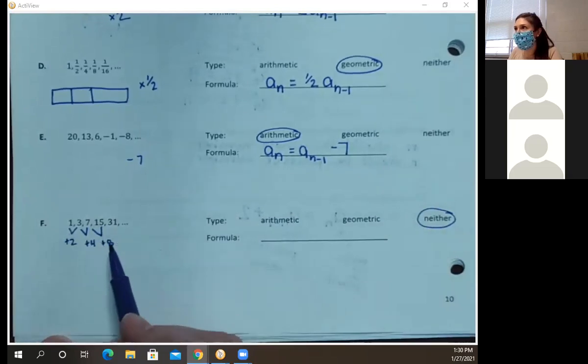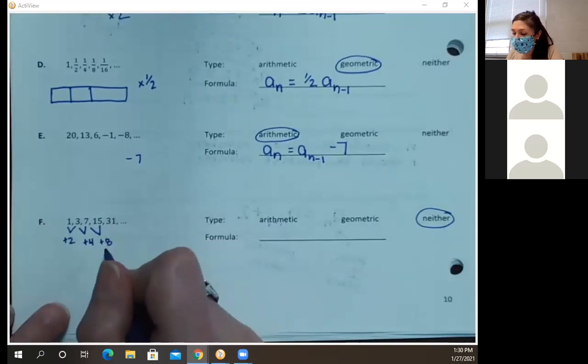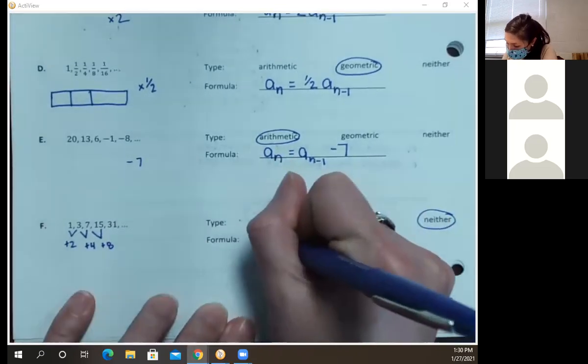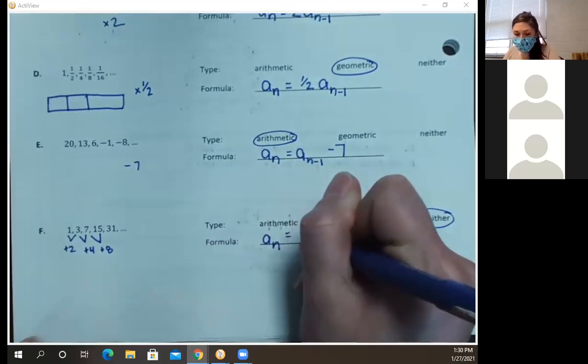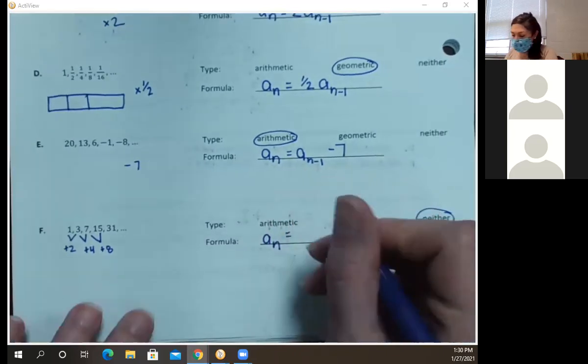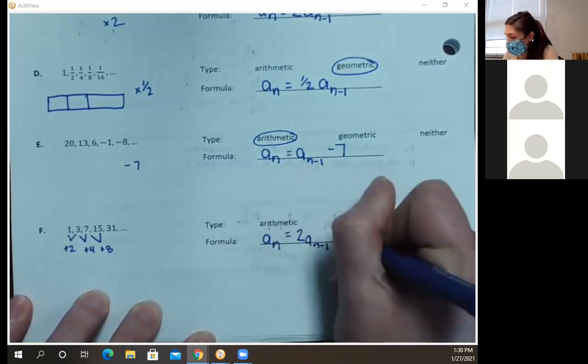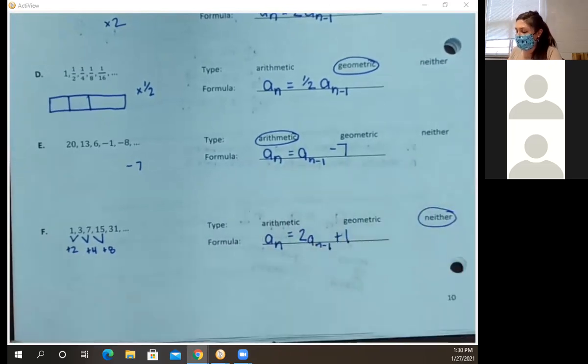Now, on a quiz or a test, I'm not going to ask you to give me the formula for something that's neither arithmetic nor geometric. But one way I could describe this is that to find a term, I can take 2 times the previous term and add 1. That would work to describe this.